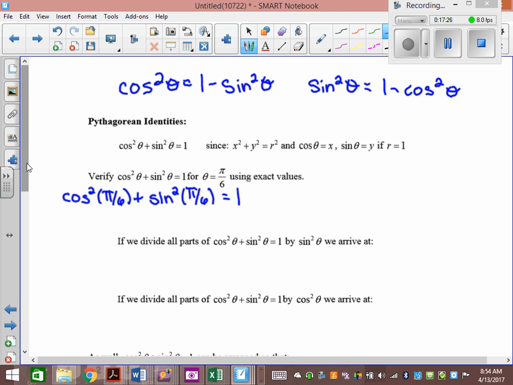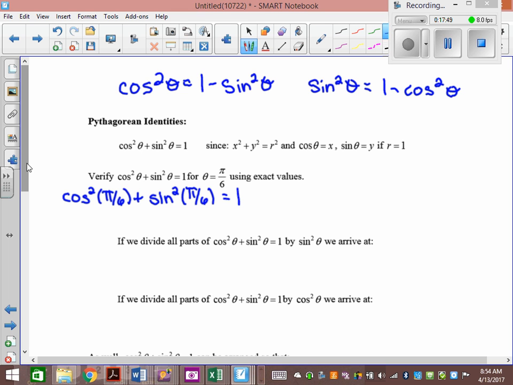Remember, this squared on the inside is just like saying cos pi over 6, all squared, right? They just put the squared in the middle for some unknown reason. I think they put the squared in here so that they don't have to put brackets, because if you put a squared here, then the pi over 6 would just be squared, right? So you have to do the whole thing squared. So instead, they put the squared in the middle.